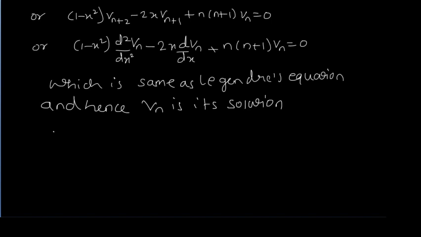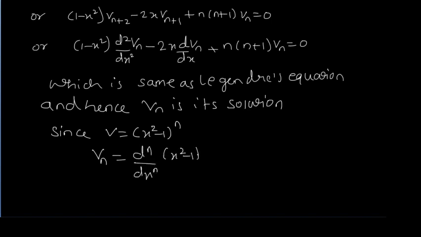Okay, so now since, what is V? Actually V is what we have assumed, V is equal to (x square minus 1) whole raised to n. So now, differentiating n times, Vn is equal to dn by dx raised to n of (x square minus 1) whole raised to n.